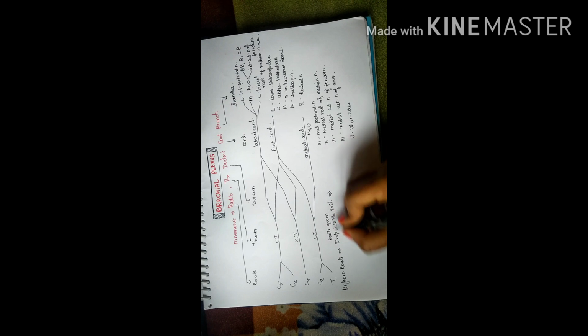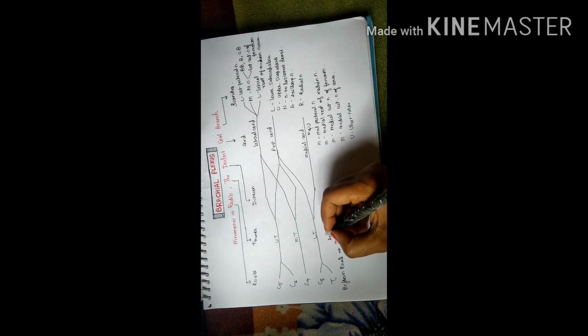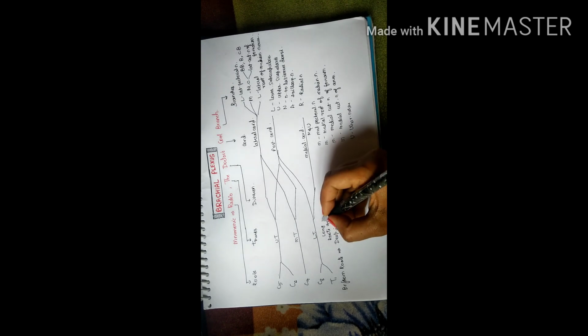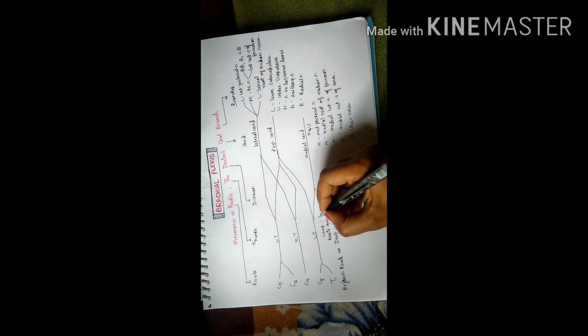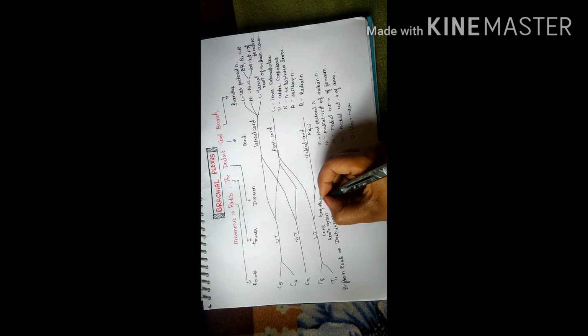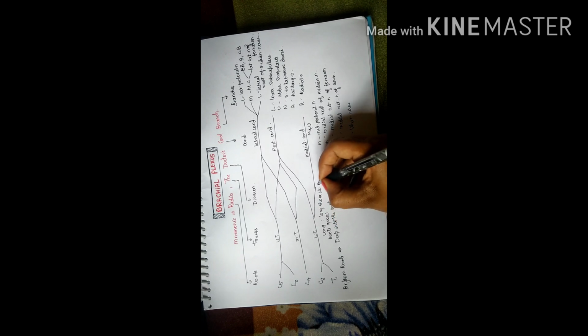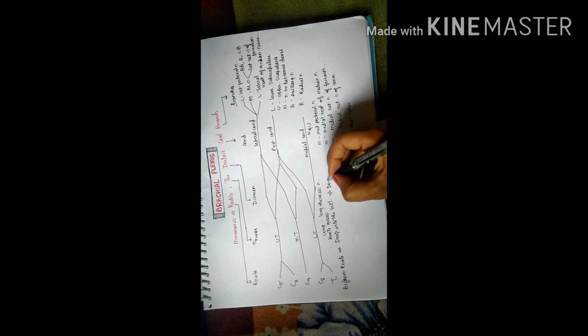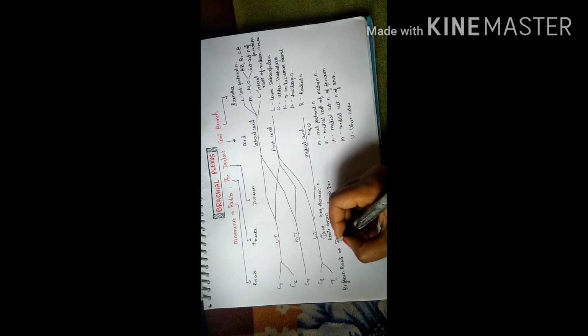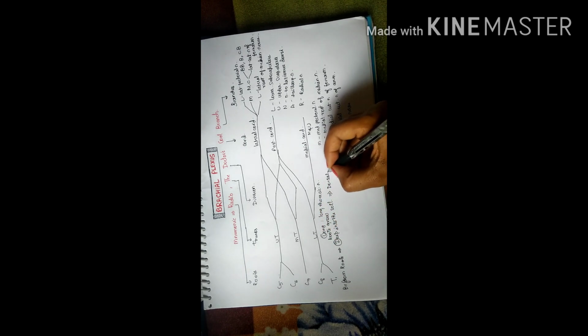And the roots which grow deep into the soil are long, right? So remember, long roots grow deep into the soil. So you will get the branches as long thoracic nerve. D is dorsal scapular nerve. L is long thoracic nerve. D is dorsal scapular nerve.